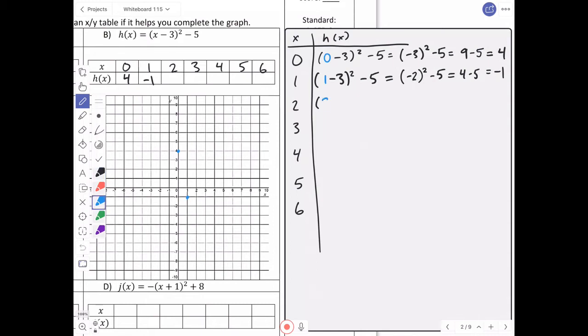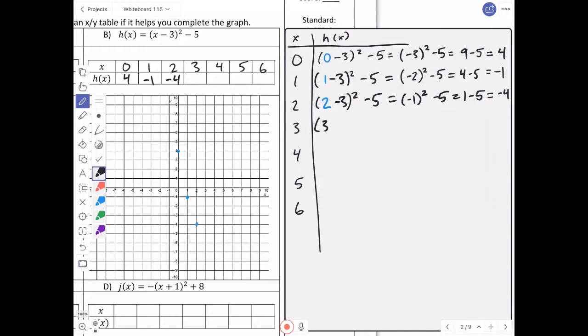And 2 minus 3 squared minus 5. 2 minus 3 is negative 1, squared minus 5 equals 1 minus 5 equals negative 4. So (2, -4): over 2, down 4.